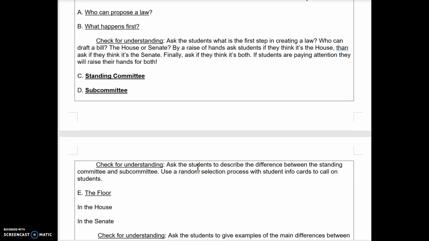Of course, Schmoker talks about how important these checks for understanding are to make sure that all the students are on the same page before moving on to the next. But it also breaks up the monotony of lecturing for 15 minutes straight and gives the students an opportunity to digest the information they have learned, and discuss and talk about it with each other before moving on to the next thing.